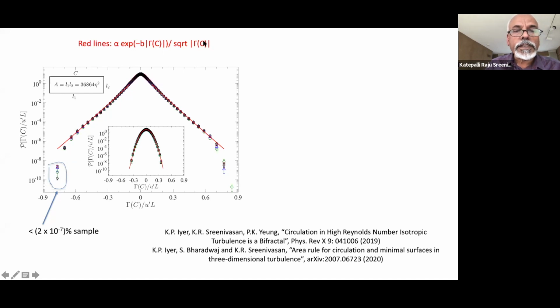This is the fit that Sasha Migdal got from his theory, which he will tell you. And in fact, there is slight asymmetry between these two, and the asymmetry is primarily in this region, but towards the tails, both tails are fitted pretty well by this formula.